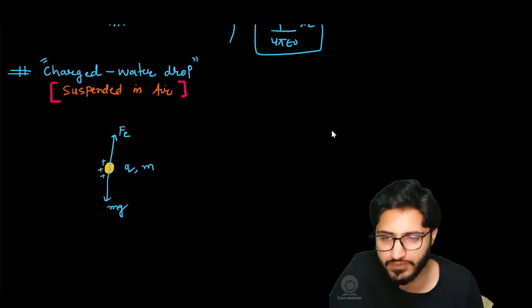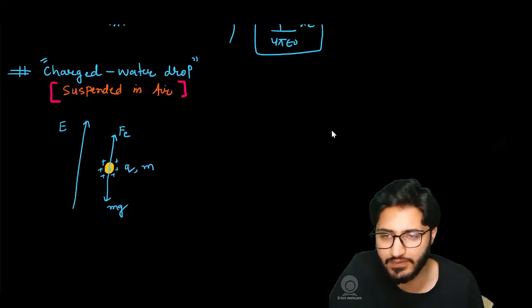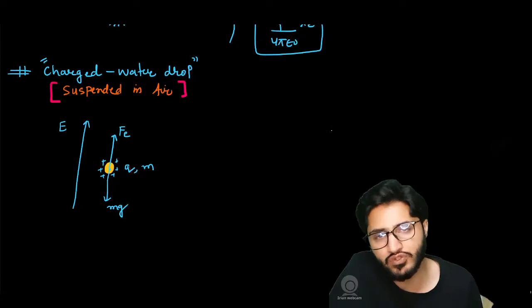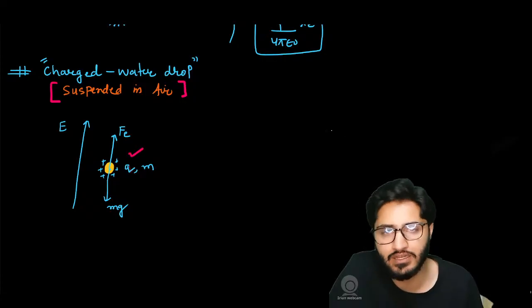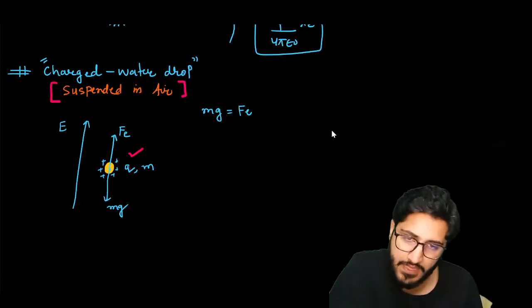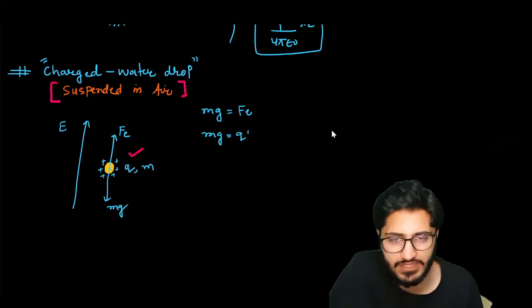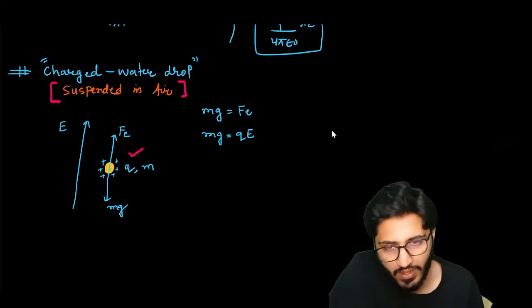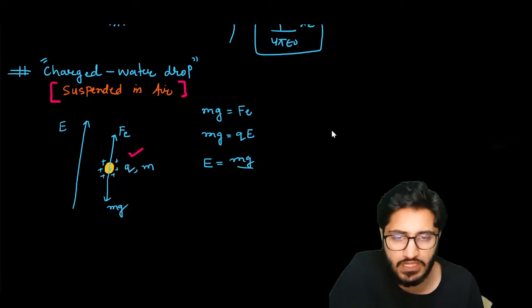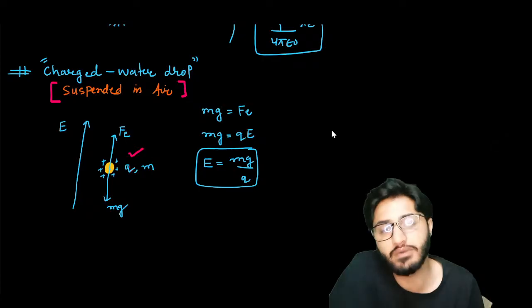If it is positive, my electric field should be in this direction. So the condition is mg equals Fe. What is Fe? It is q times E. The electric field needed to keep this particle suspended in air equals mg by q. This is my answer.